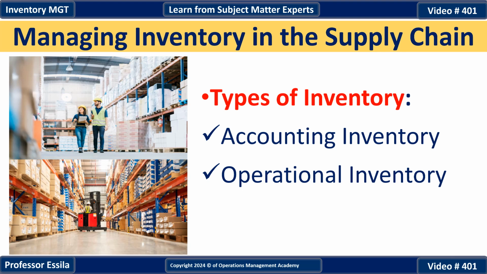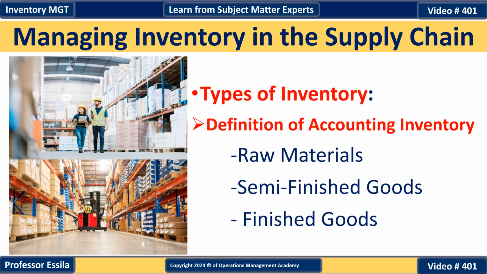So let's begin with accounting inventory. The purpose of accounting inventory is to provide a financial representation of inventory for reporting and auditing. It focuses on the valuation and financial tracking of inventory items, ensuring accuracy of financial statements.